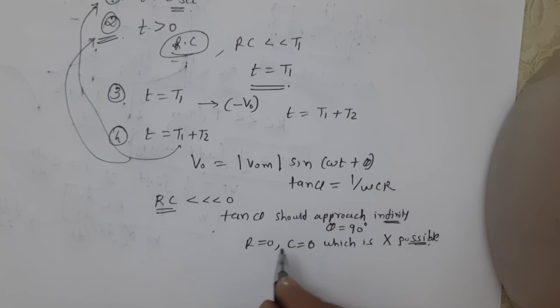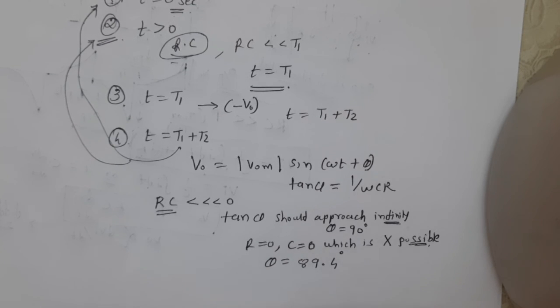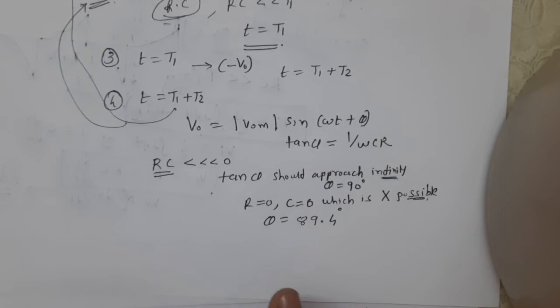Hence, instead of 90 degrees, we take theta equal to 89.4 degrees, which serves as a better selected value for good differentiation.